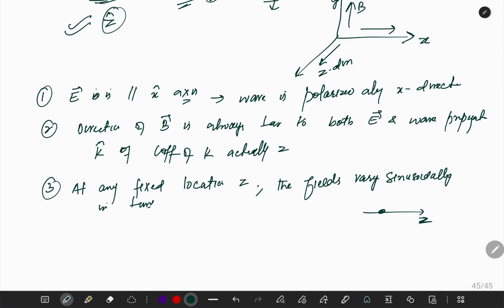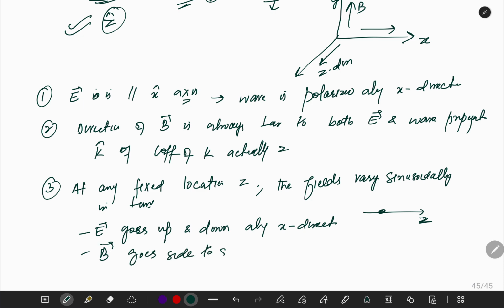This point is very important. If E goes up and down along x direction, then B goes side to side along y direction.